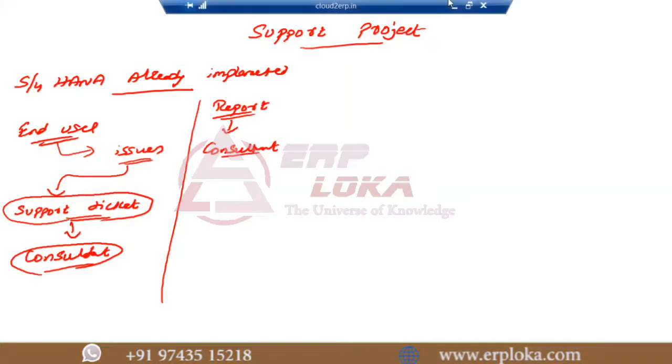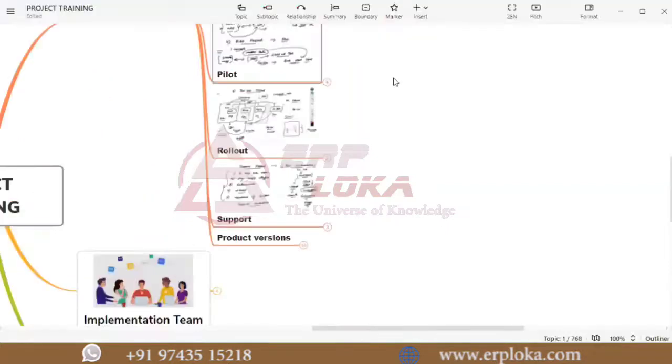Okay. So now we discussed all the types of project. First is Greenfield, conversion, POC, hybrid, pilot, rollout, support. 7 types of project. Okay, let me list it down here.